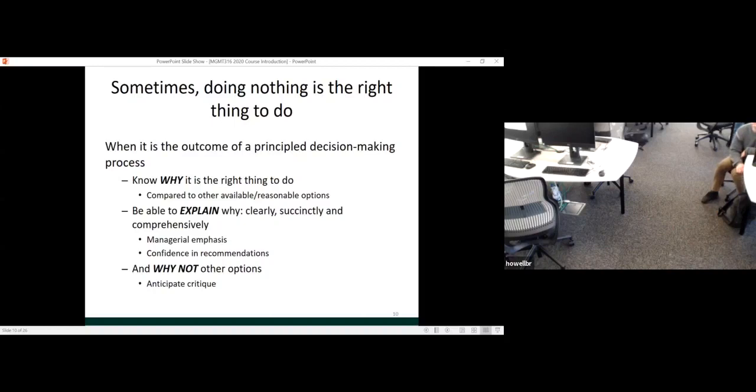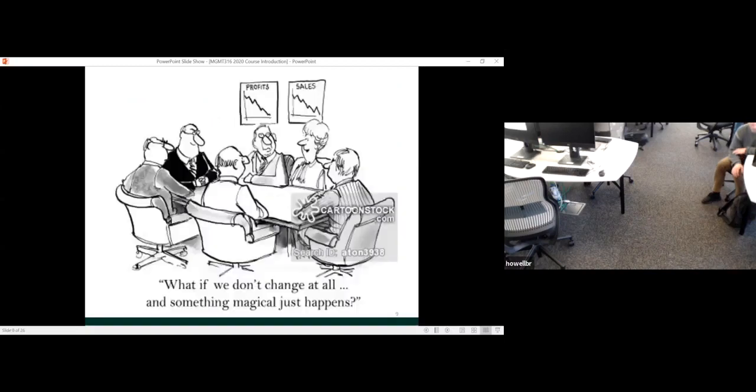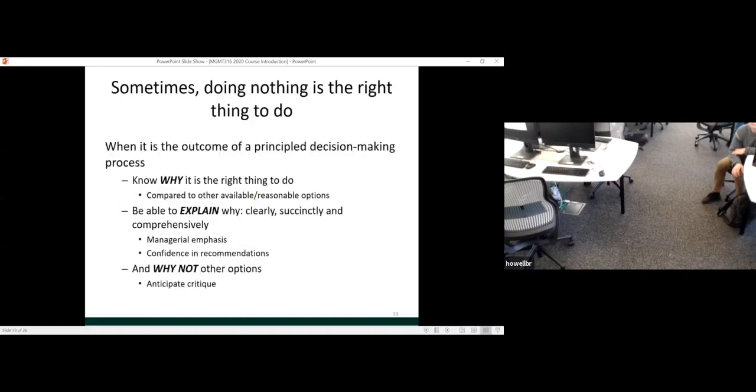You'll be able to explain clearly and succinctly why doing nothing is the right thing. And if you do that with that managerial emphasis, and you're confident when you've evaluated it with your assumptions tested and your tyres kicked, then you'll know why the other options are not good ones to take. So doing nothing is the right thing, not because something magical happens, but because someone's made a good decision.